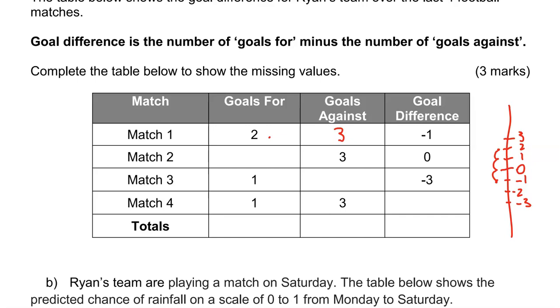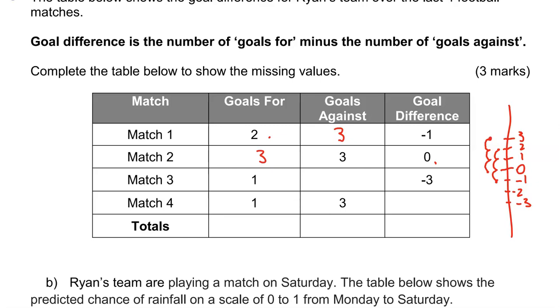For match 2, we're arriving at 0, we know that, and we've taken away 3. So if we do the opposite, it will take us to 3. So 3 take away 3 gives us 0.